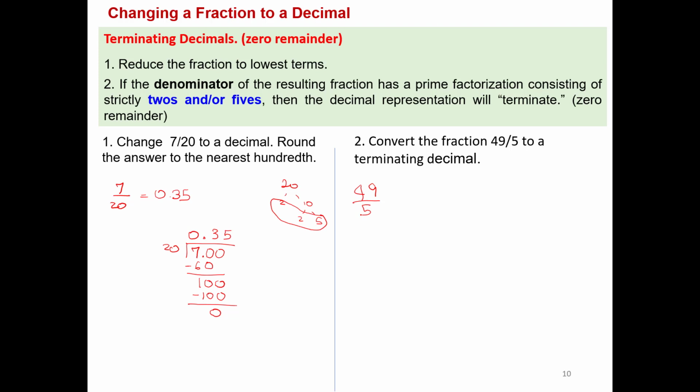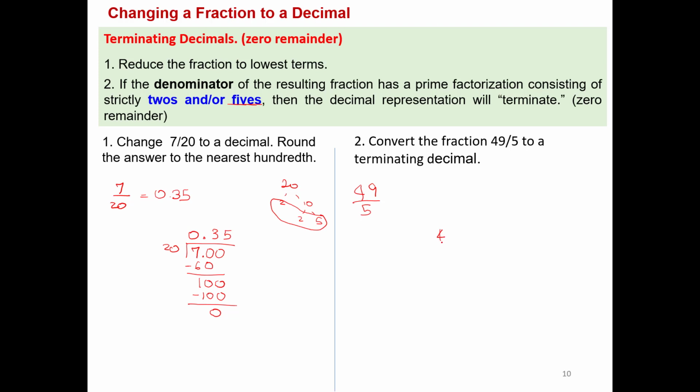Because in this case the denominator is equal to 5, we know the prime factorization consists only of 5. Then when we divide 49 by 5, the remainder must be 0, because we have just 5 in the denominator. We expect 0 in the remainder.